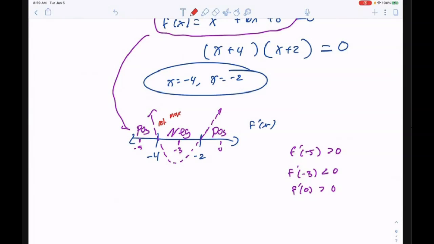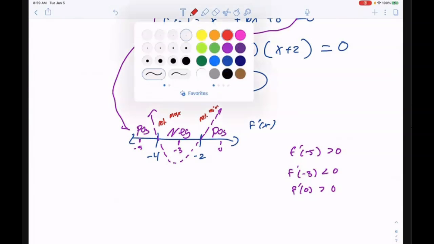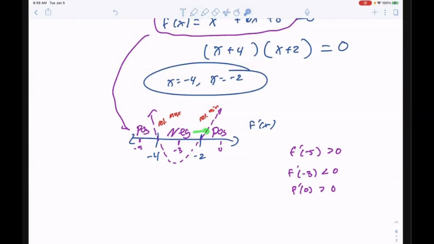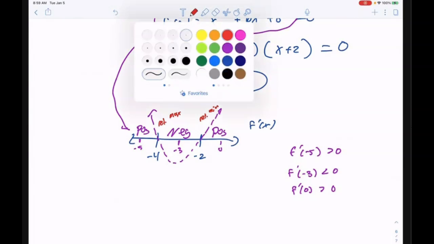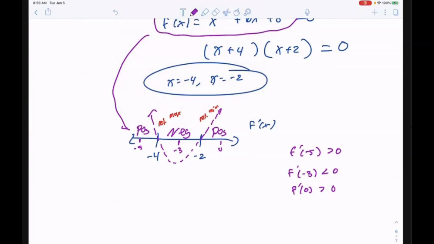And over here at x equals negative 2, we have a relative minimum, because the derivative changes from negative to positive. We're going from negative slopes to positive slopes. So what's really happening in the graph for f of x is that f of x is going up, then f of x is going down, decreasing, and then the graph is going back up.